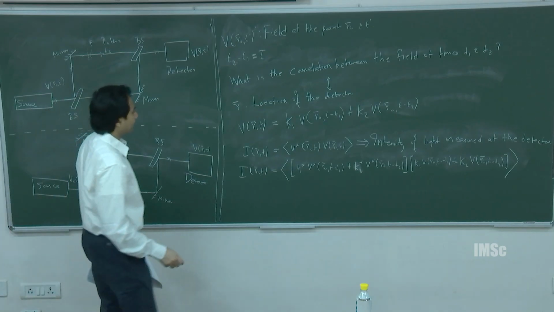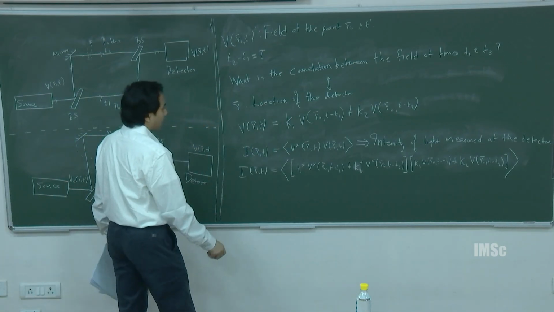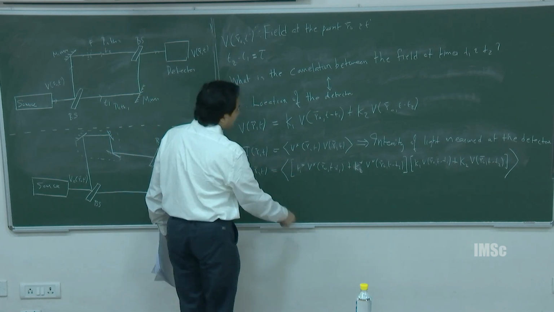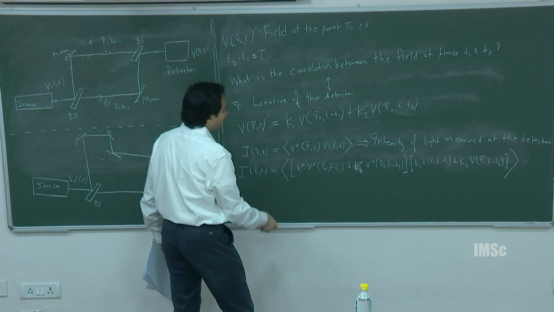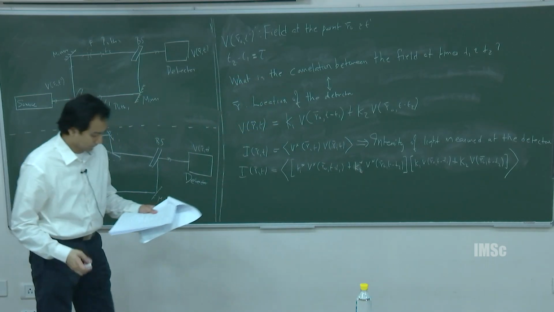So all we have done is simply take the explicit form of V of R, T, complex conjugate that one here, and multiply that one by V of R, T in terms of these two terms. Okay.